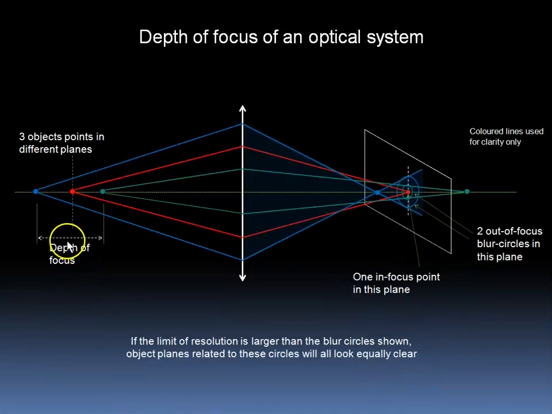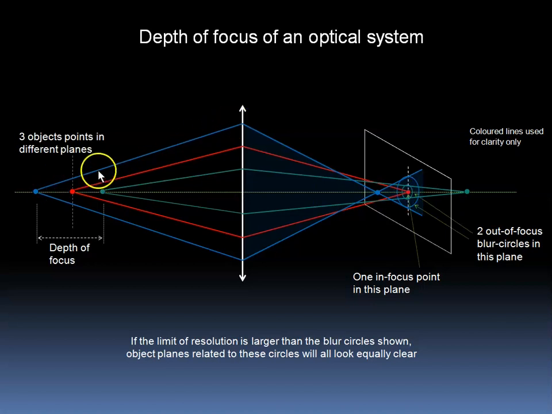Here we see 3 objects in 3 different planes focused by this converging lens onto a plane. One can see that the blue is focused in front. These colors are just for representation only, that the blue is focused in front, the green is focused behind, and the red is focused on the plane.